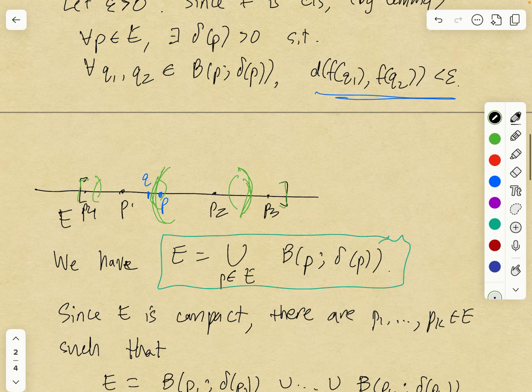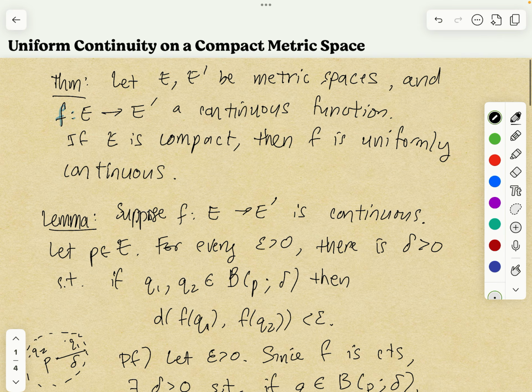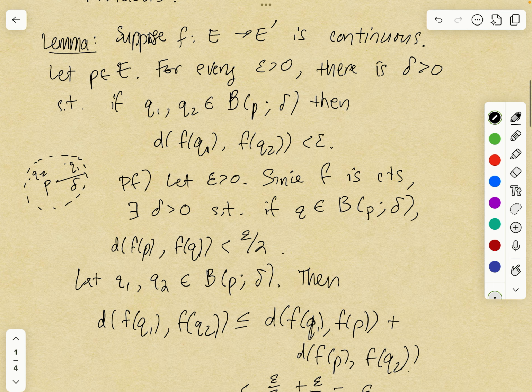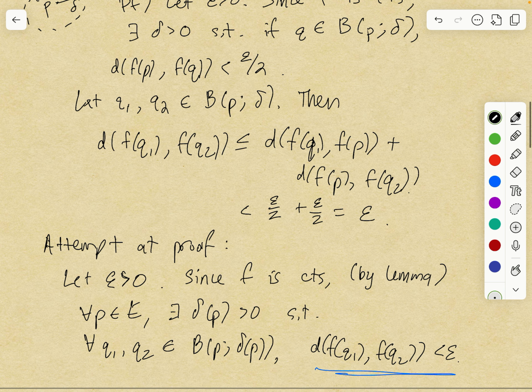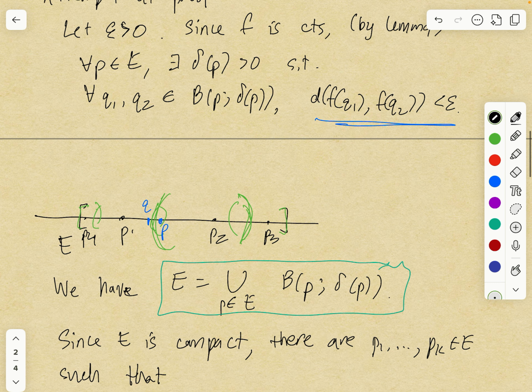So basically, let's just review the proof technique. So first of all, you use the standard attempt, which is to take some nice open ball centered at every single point. You take the union, so you get this infinite union, and then you can take a finite subcover, so it's a finite union of balls. And then you try to use delta to be the minimum of the radii. That's also a very standard technique. But the problem was it doesn't work because you cannot guarantee that P and Q have to both be in the same delta ball.